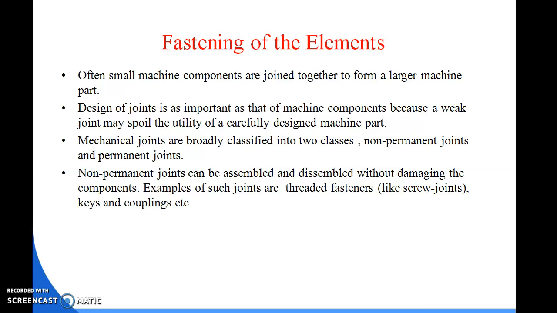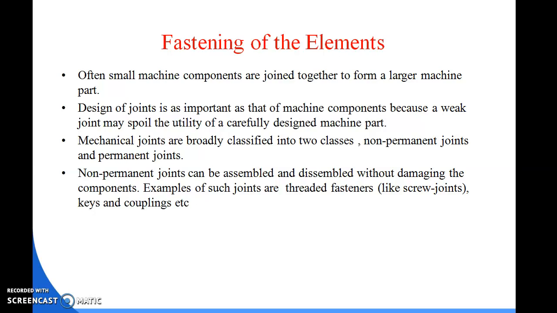Then we have to fasten those plates by any kind of joint, like a welded joint, screw joint, riveted joint, knot bolt joint, pin joint or key joint. But to fasten, we have to take at least two materials, two plates or two rods.